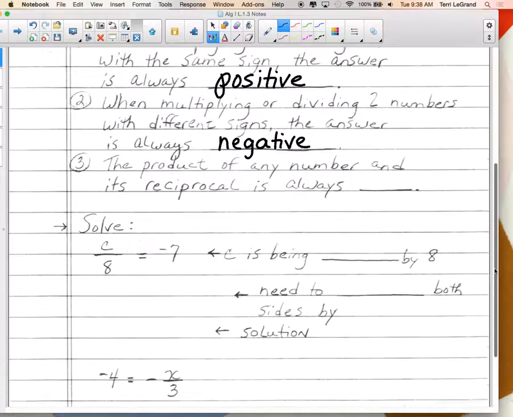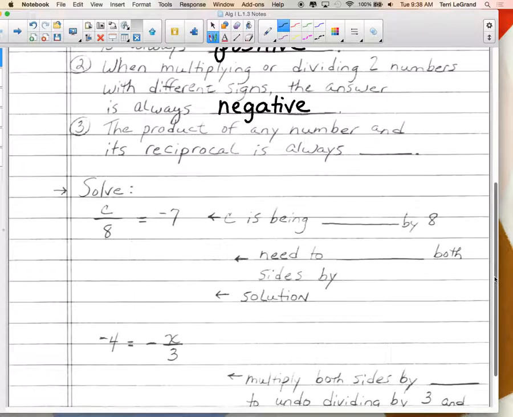And then the product of any number and its reciprocal. Oh, wait a minute. Well, we better understand what a reciprocal is. Can you give me an example of reciprocals? 1/3.